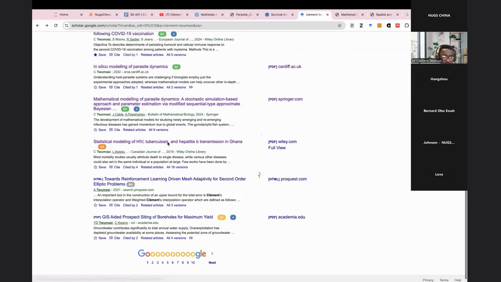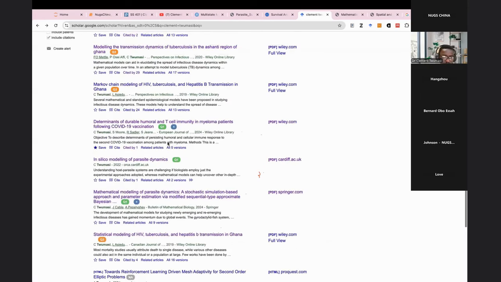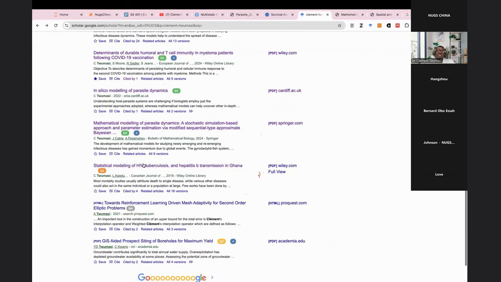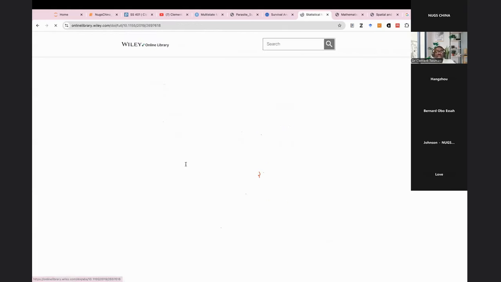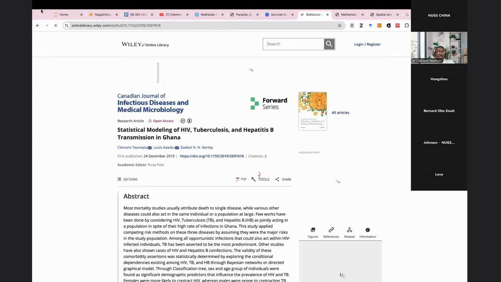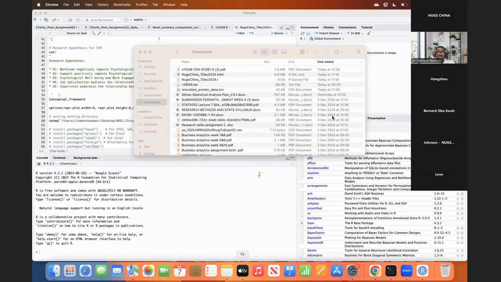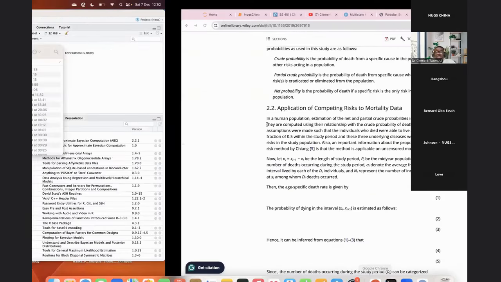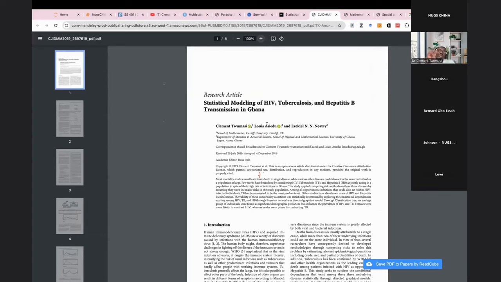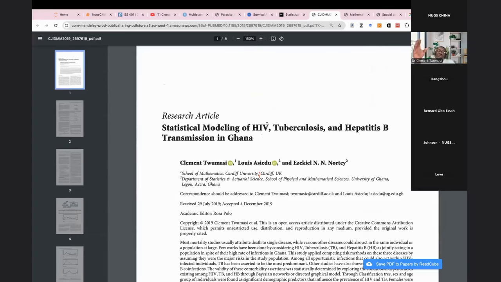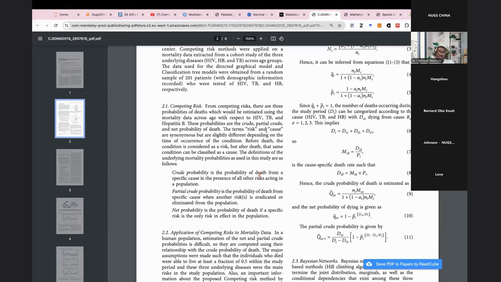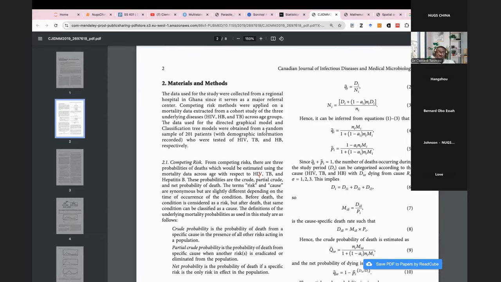And so let me see. Okay, this is one of the publications from it. From here, let's see how network analysis was employed. Let me just download this one. I was looking at HIV, tuberculosis, hepatitis B, and there were two publications from the paper.